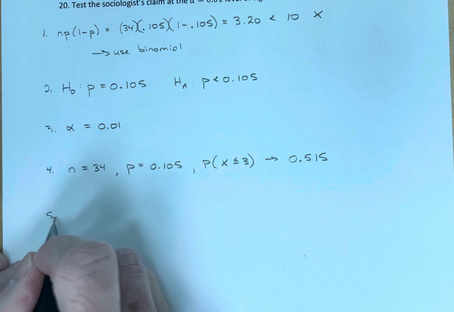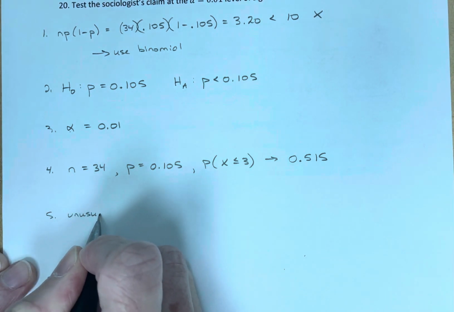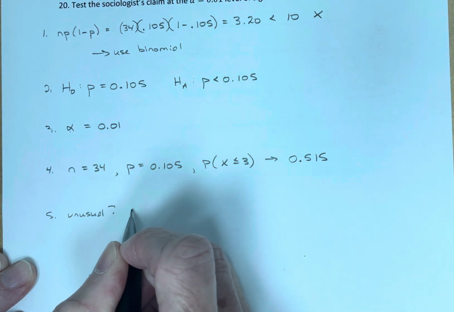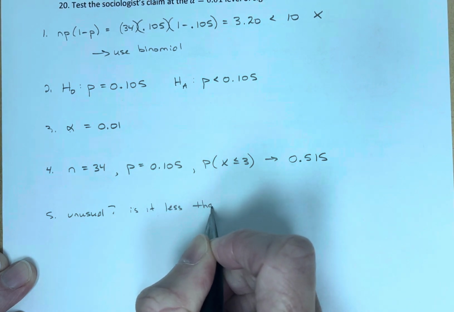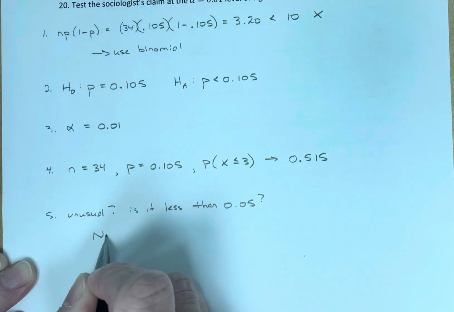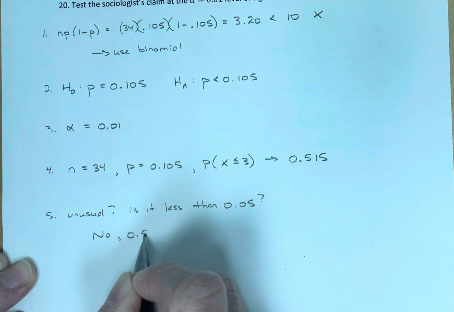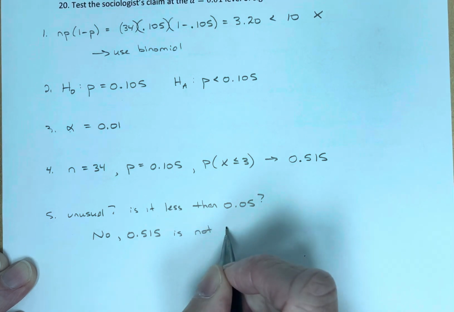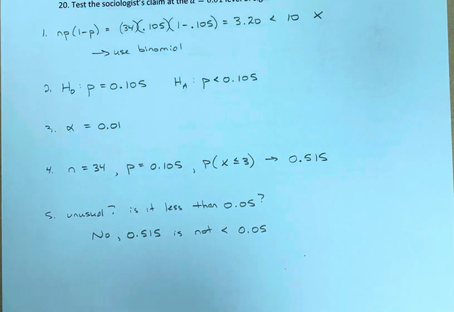Is this unusual? Well, unusual is, is it less than 0.05? And the answer is no. 0.515 is not less than 0.05. So it is not unusual.